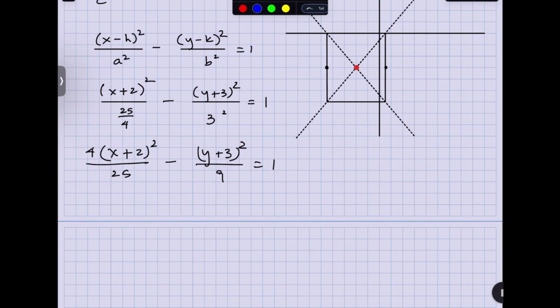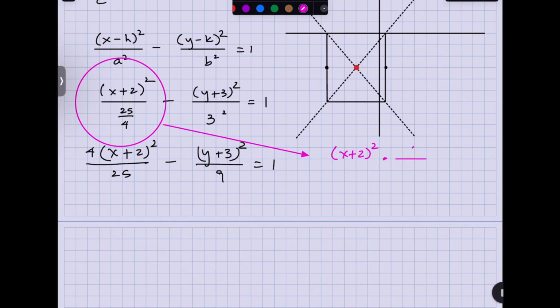So if you divide fractions, wouldn't you do keep, change, flip? That's why the 4 goes up top and the 25 stays on the bottom. Okay?